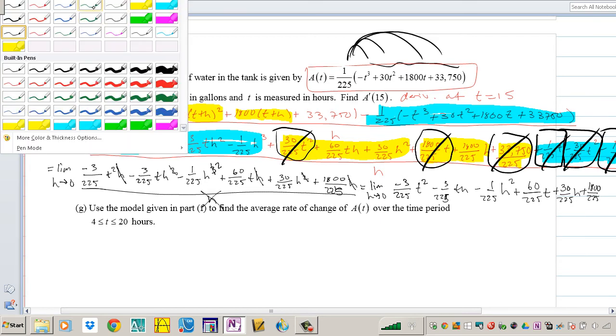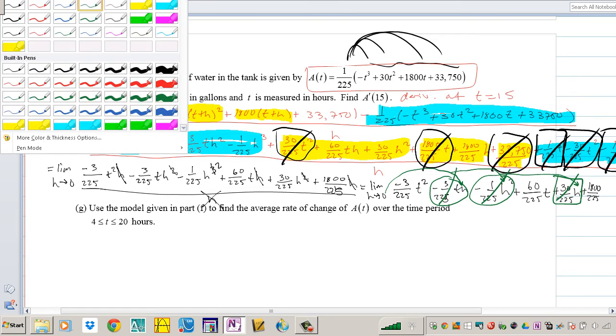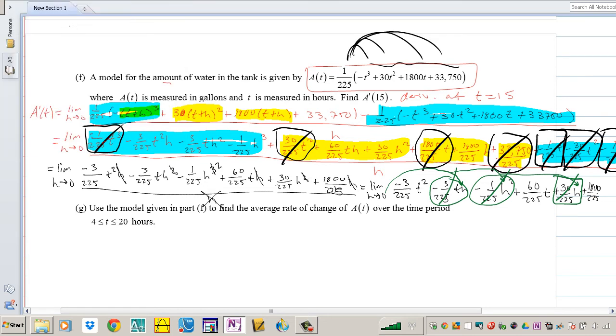So I'm going to apply the limit. h goes to 0. So what does that mean? This term dies, this one also dies, and that one also dies. Let me write it above here, on the top.